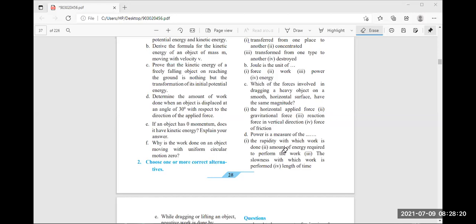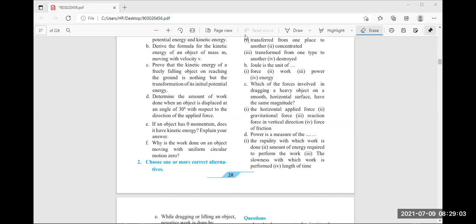Now, power is a measure of the... Chaitali, what is the answer? Suyesh Khaire: the rapidity with which work is done and the slowness with which work is performed. Okay.